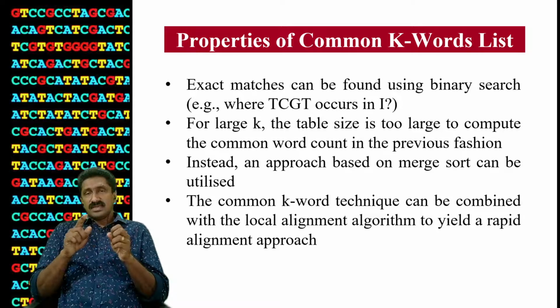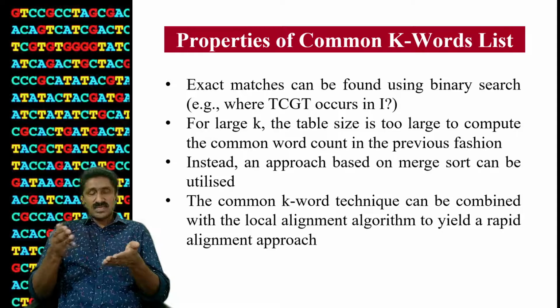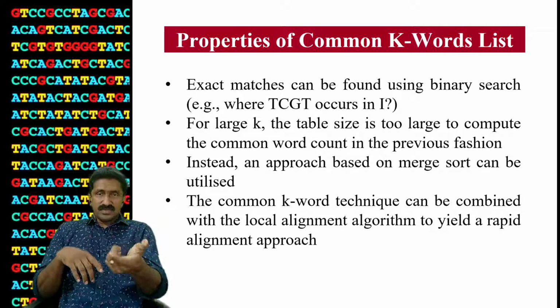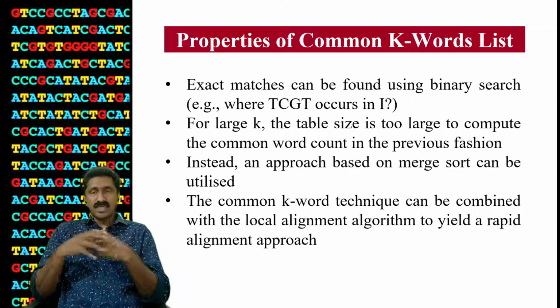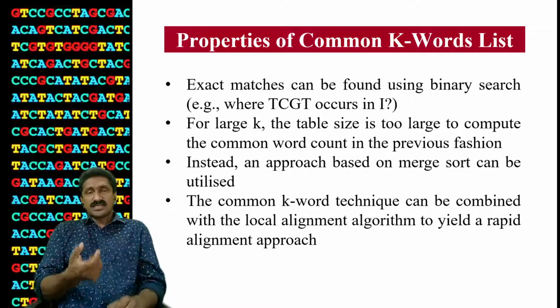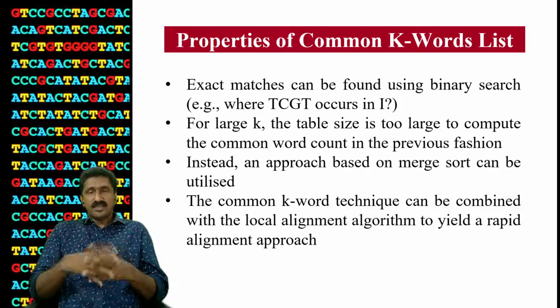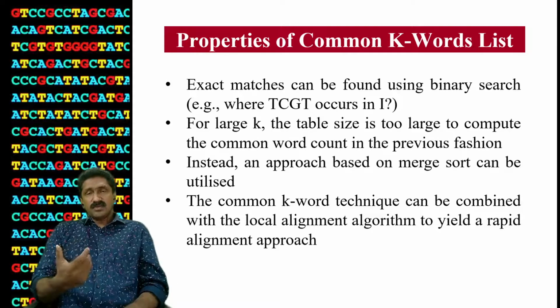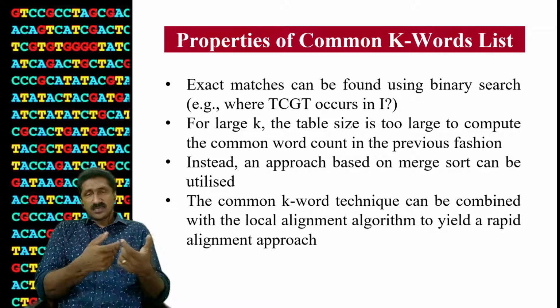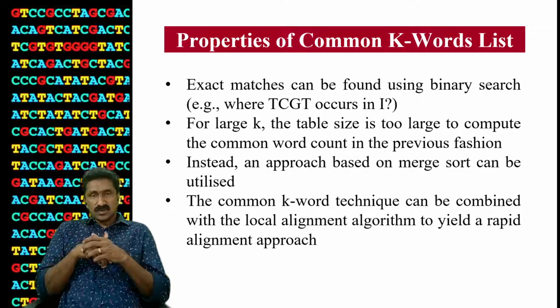For example, where T, C, G, T occurs in I. In this case, the k-tuple length is 4 letters, so binary search works just like searching for a query term in the find box of a Word document. You perform a binary search with one word from list I and see whether it is present in J or not.